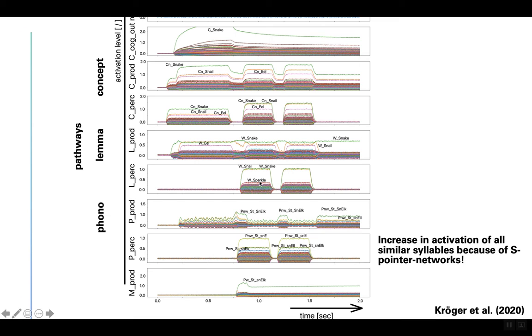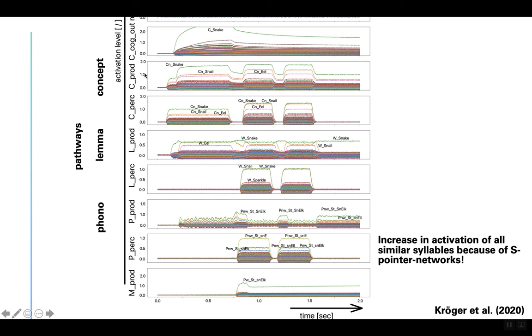Going up to the lemma level on the perception side, we directly see that due to the cues, we have a strong activation of the word snake, and as well snail and other words are activated here on the perception level.